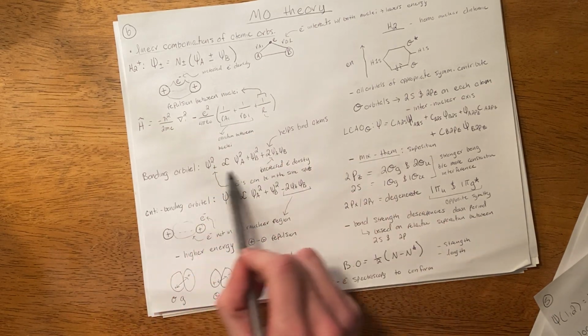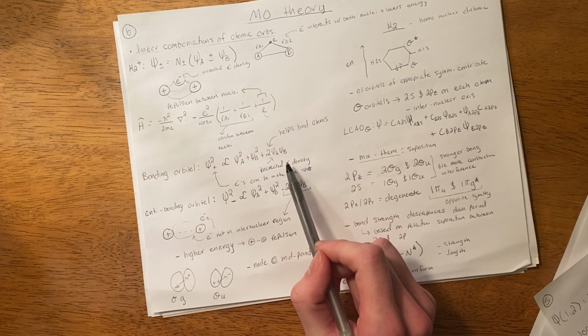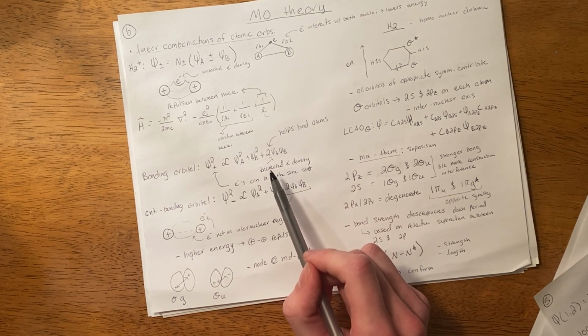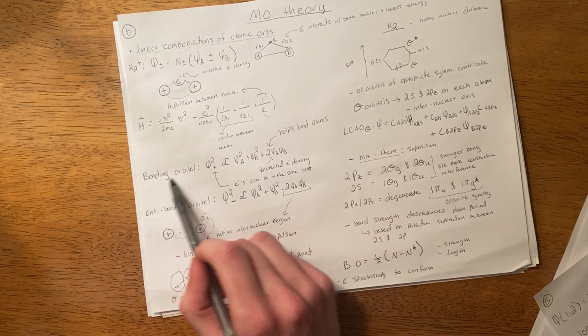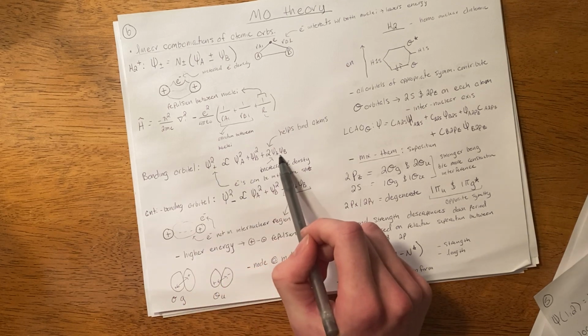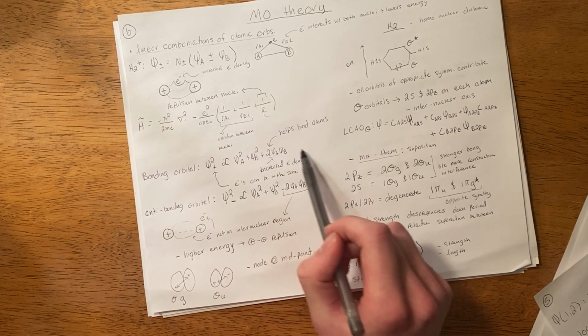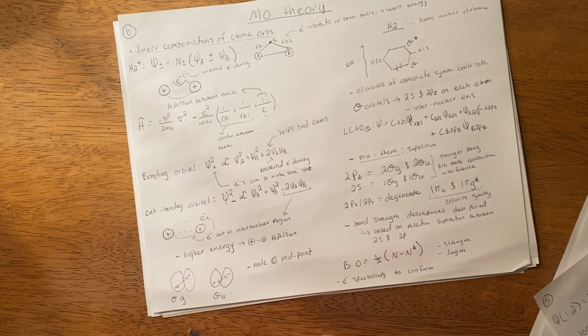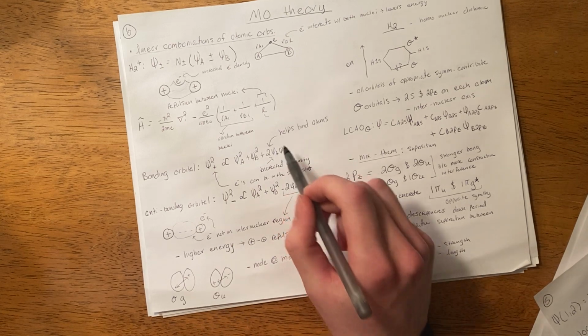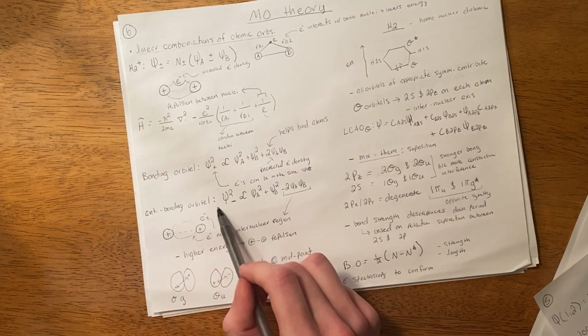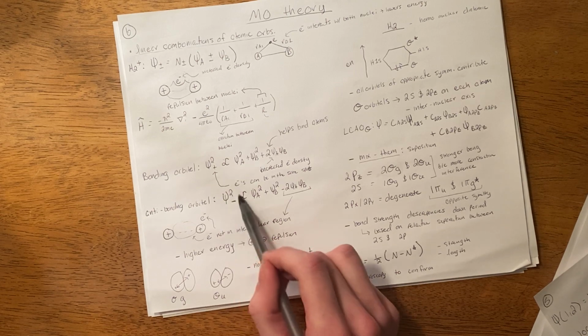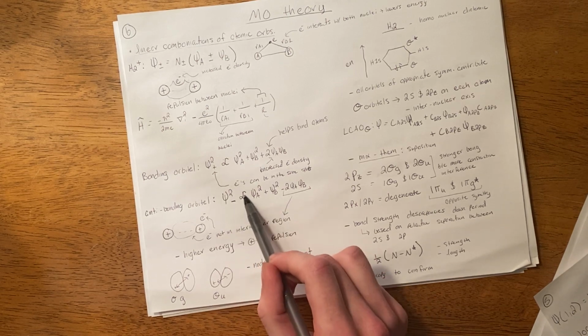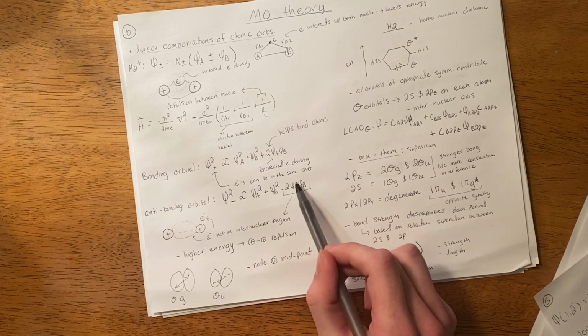So then we have the linear combination, and the probability density amplitude given in the bonding orbital is proportional to this, where you add 2 times the multiplication of wave functions A and B. And then for the anti-bonding orbital linear combination, the probability density function, again, is proportional to this, where we're subtracting it.